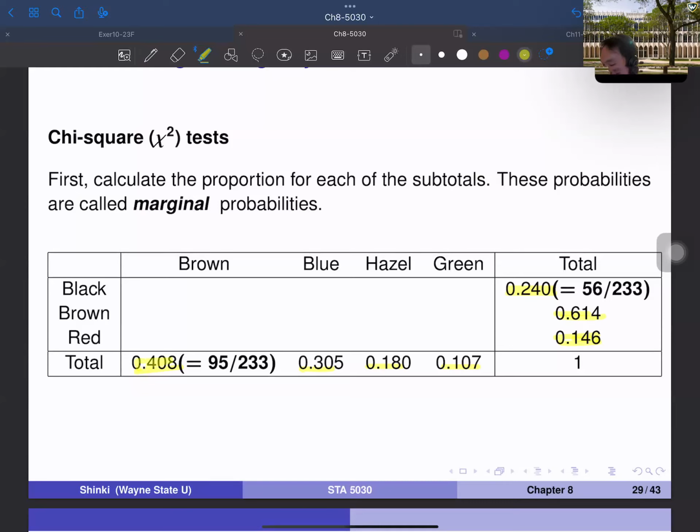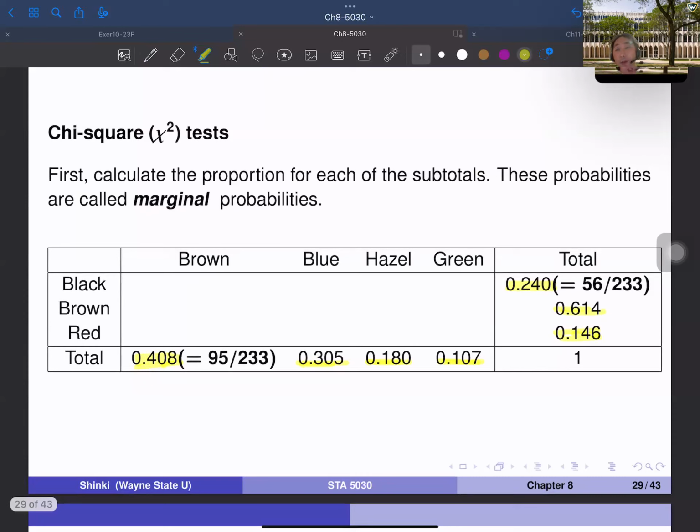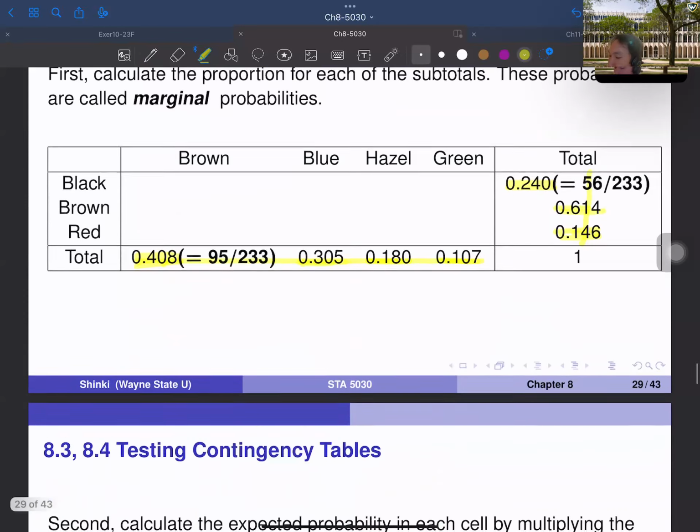For eye color, 40.8% have brown eyes, 30% blue eyes, 8% hazel eyes, and maybe 11% green eyes. These are called marginal because they are the margin of the table.